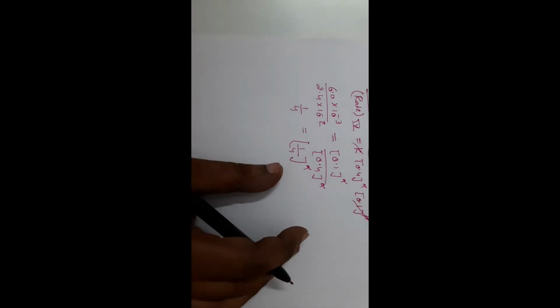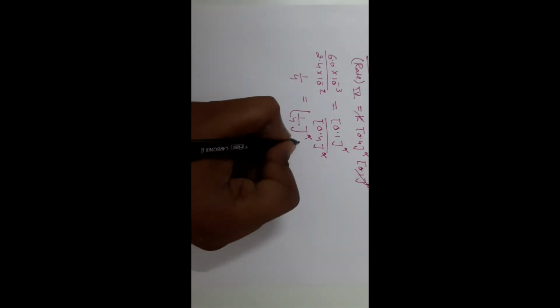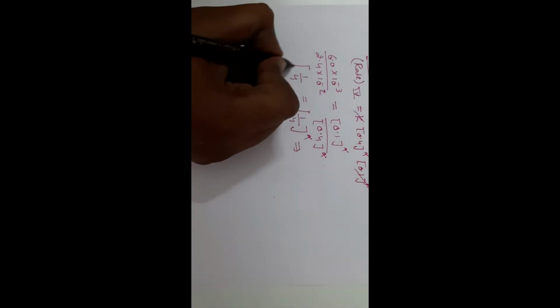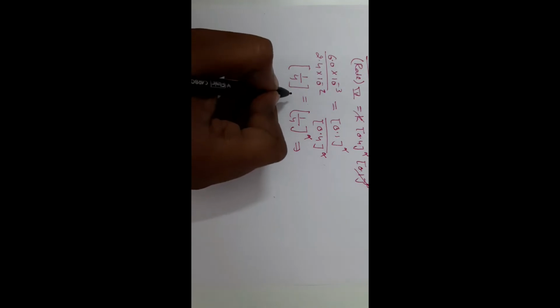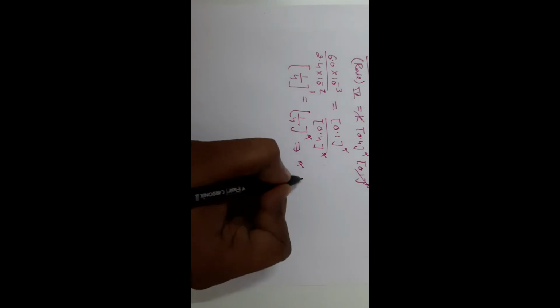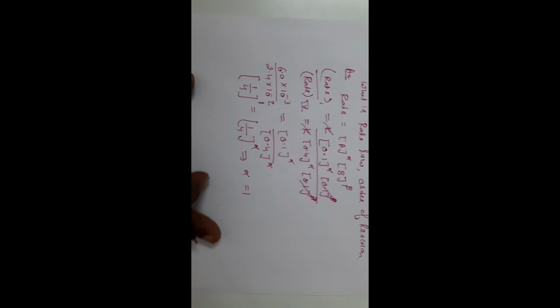So what can we write over there? 1 by 4 is there only. Then we can write 1 by 4 raised to power 1. Then alpha value came equal to 1. Clear?